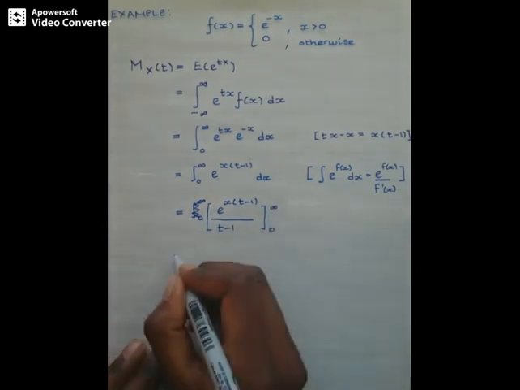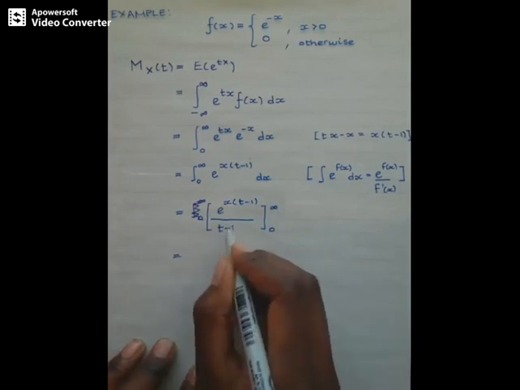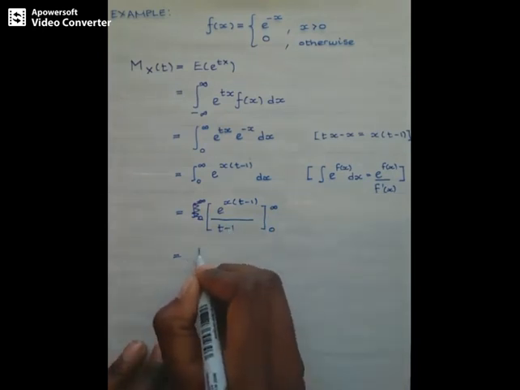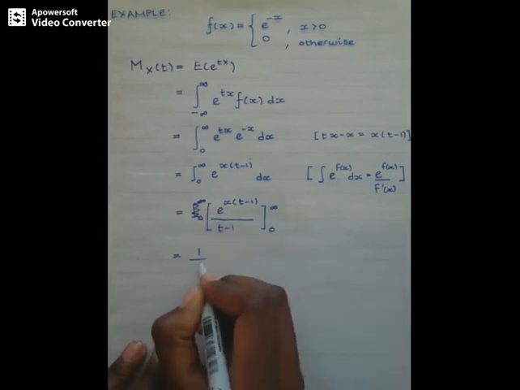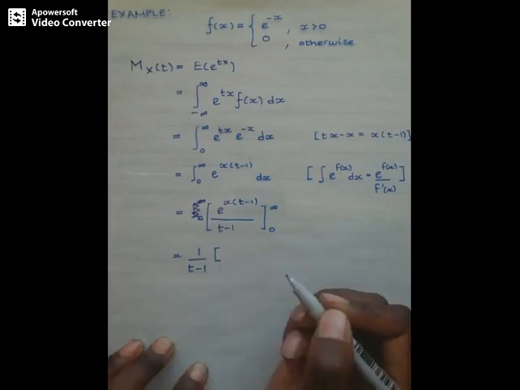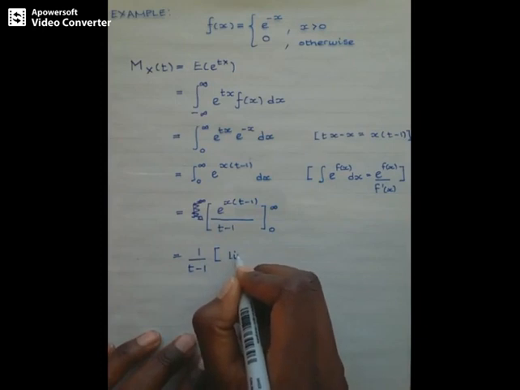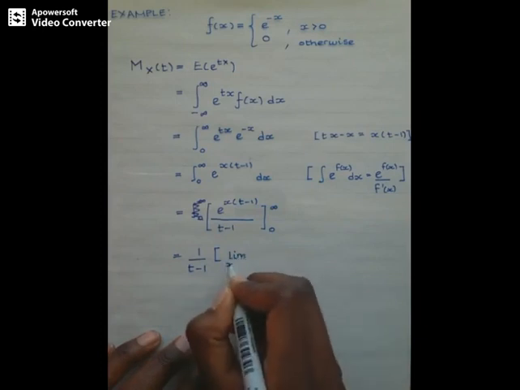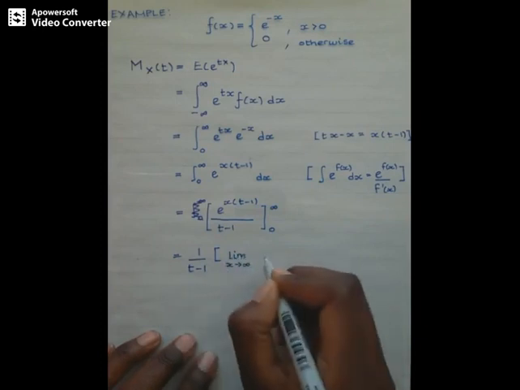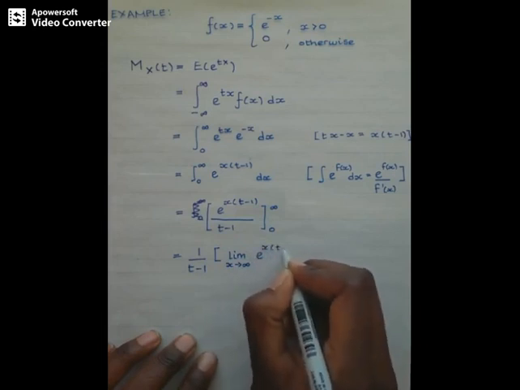Okay, I'm going to take out this constant here, the 1 over t minus 1, so that we're just left with the part that depends on x. And remember, you always subtract the lower limit from the upper limit. So to write it correctly mathematically, the upper limit is expressed as follows: e to the power of x times t minus 1.